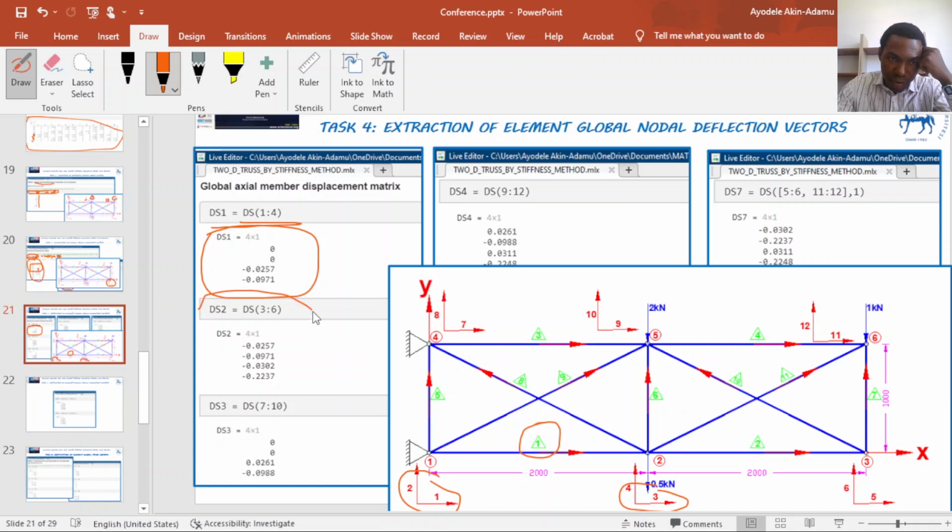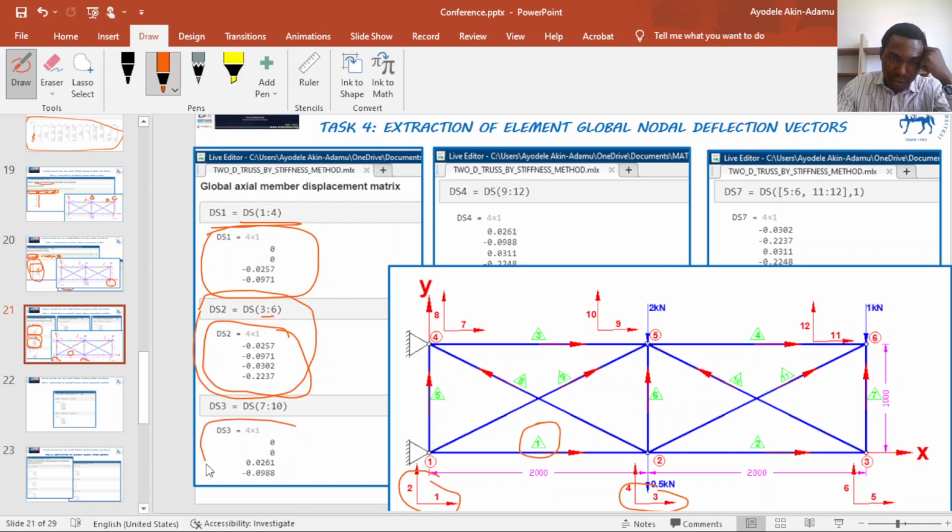This is our displacement vector for element 3. For element 3, the degrees of freedom are 3, 4, 5, 6. So 3 column 6 means 3, 4, 5, 6. So this is our displacement vector for element 2.